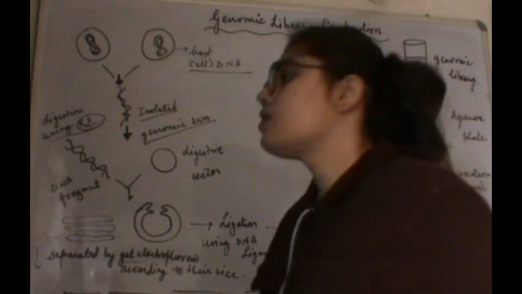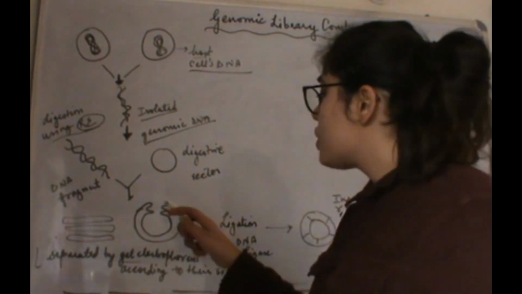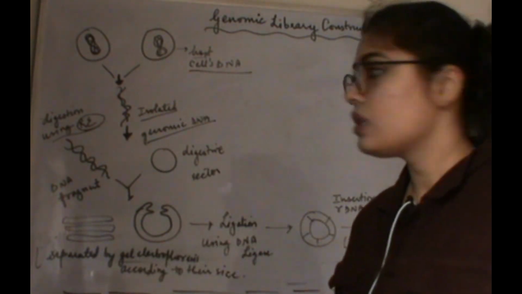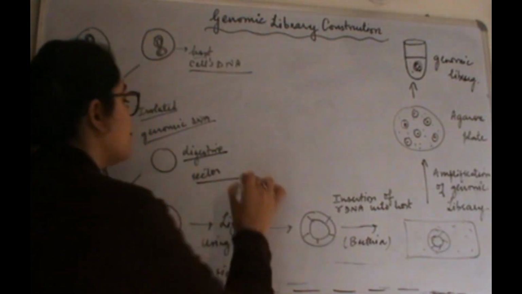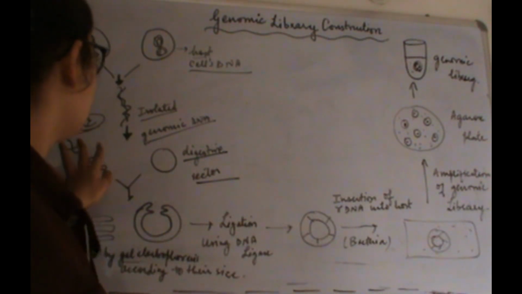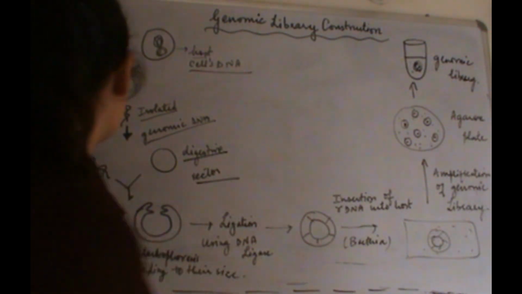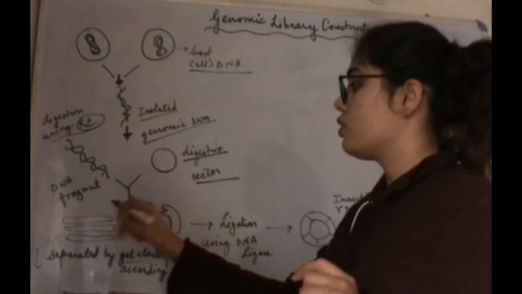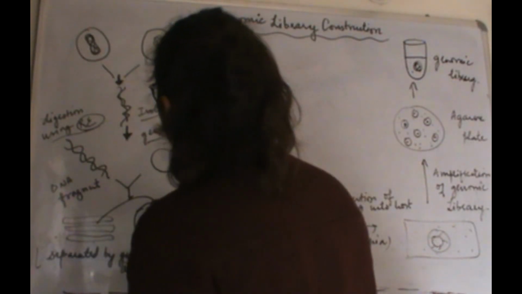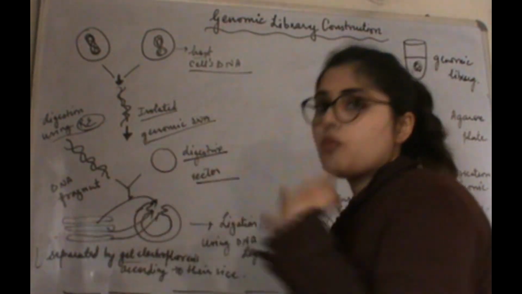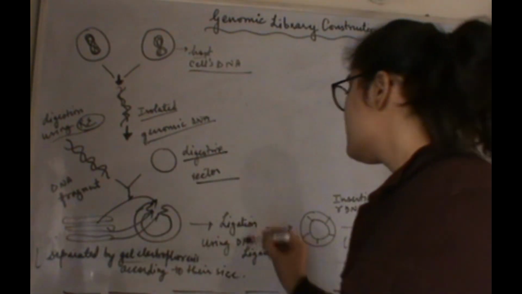Now after this process, digestion of the vector is also done. That vector we are taking here, we also want to digest it, so digestion is also done by restriction endonuclease. Now after the digestion is done, these two have to be ligated together. So how is it done?